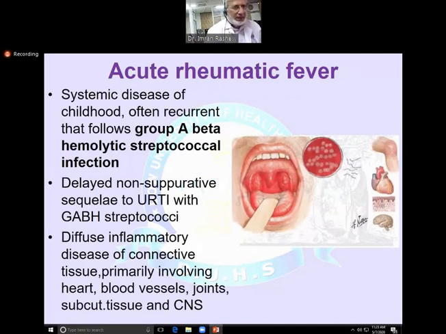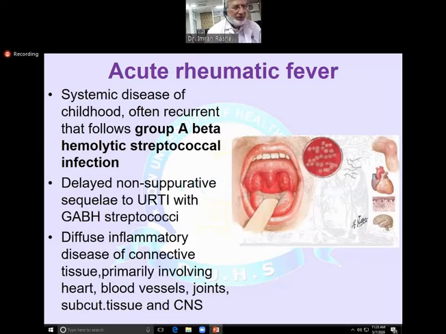Now, acute rheumatic fever is a systemic disease of childhood, often recurrent, that follows group A beta hemolytic streptococcal infection. It's a delayed non-suppurative sequela to upper respiratory tract infection with group A beta hemolytic streptococci. First the streptococci affect the tonsils and the pharynx, causing tonsillopharyngitis.